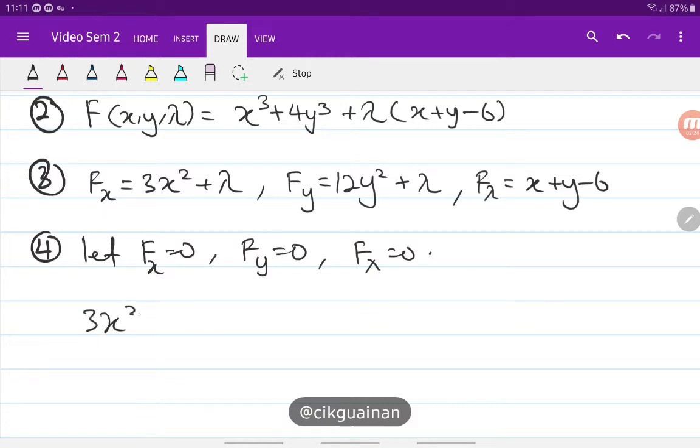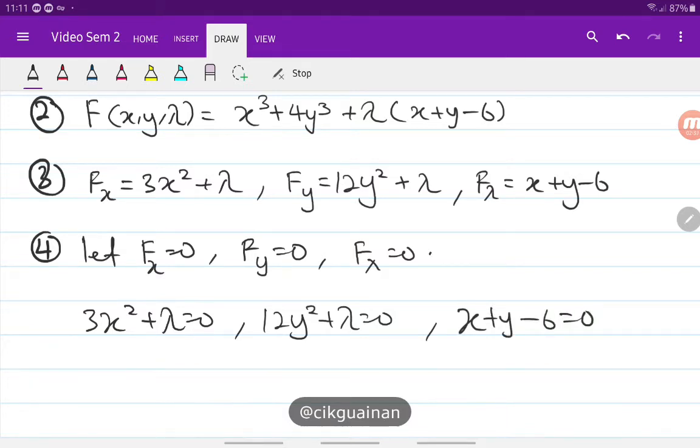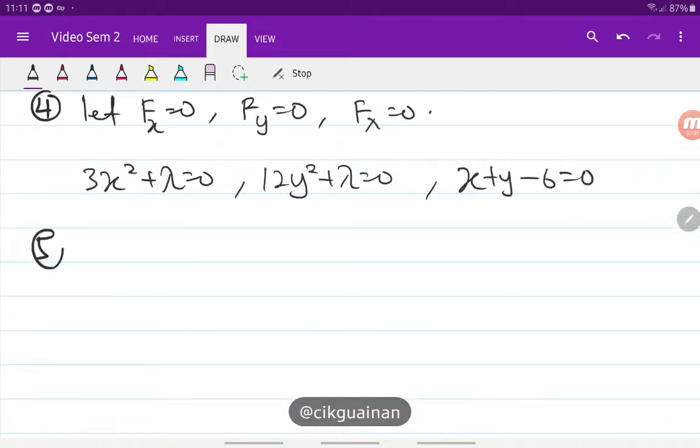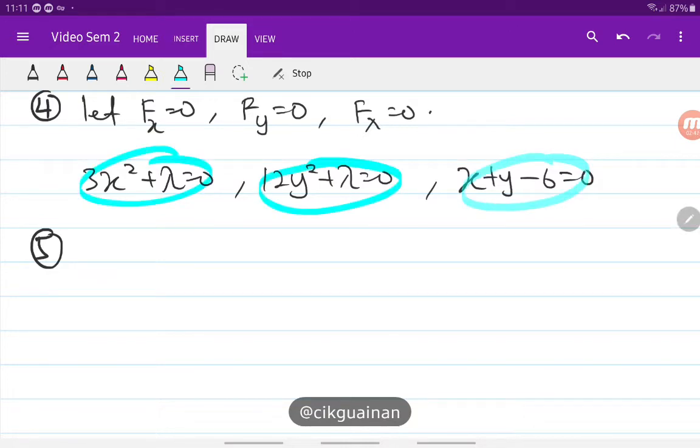So 3x squared plus lambda equals 0, 12y squared plus lambda equals 0, and x plus y minus 6 equals 0. Step number 5 is to solve for x, y, and lambda. In order to do that, we have these three equations, so we might as well perform a simultaneous equation.